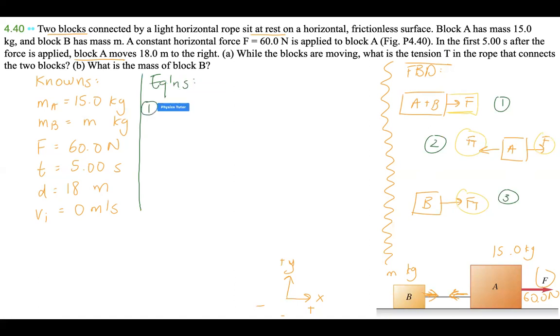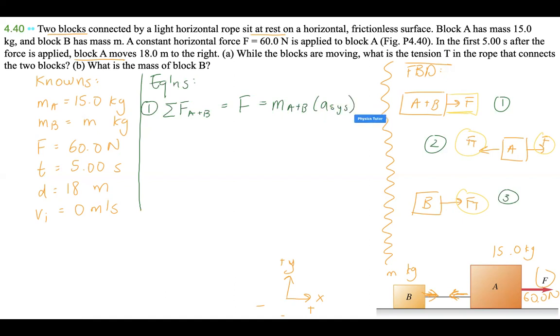So for our first one, our equation for A plus B: all of our forces are really just, force is equal to the mass of A plus B times the acceleration of the system.